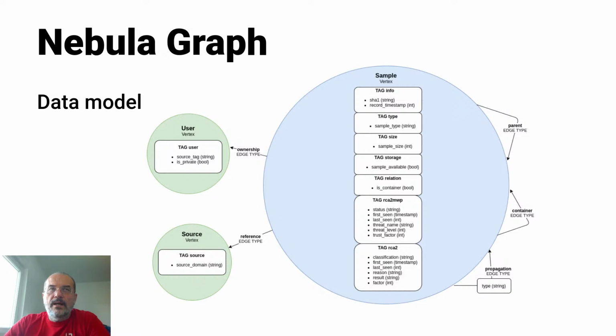So after we have an operational cluster, we started with the data model and prepared the data model according to our use cases. Modeling in graph databases is actually very natural for an engineer who is thinking about structures in a system.